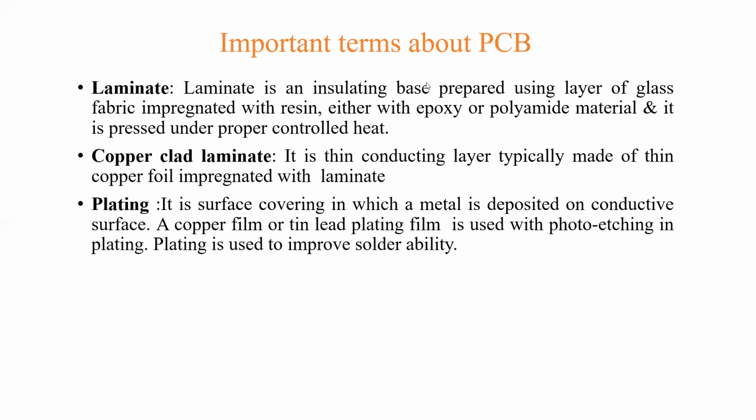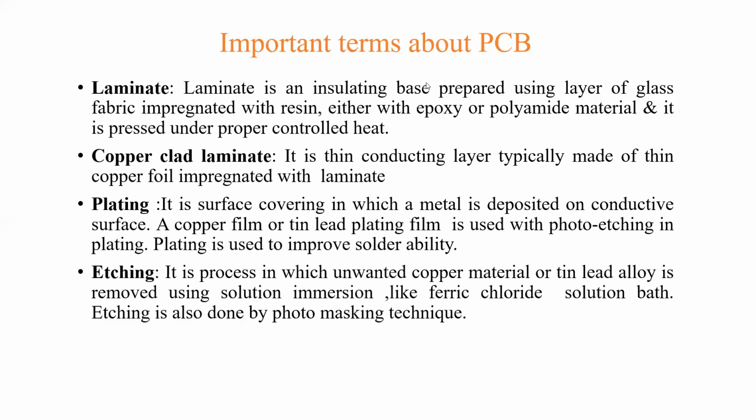Then plating. It is a surface covering in which metal is deposited on the conductive surface. A copper film or tin lead plating film is used with the photo etching. Plating is used to improve the solderability, so by plating, the solderability is increased. Then etching.